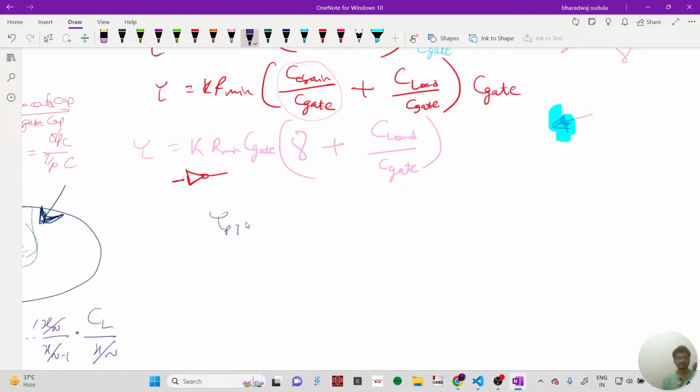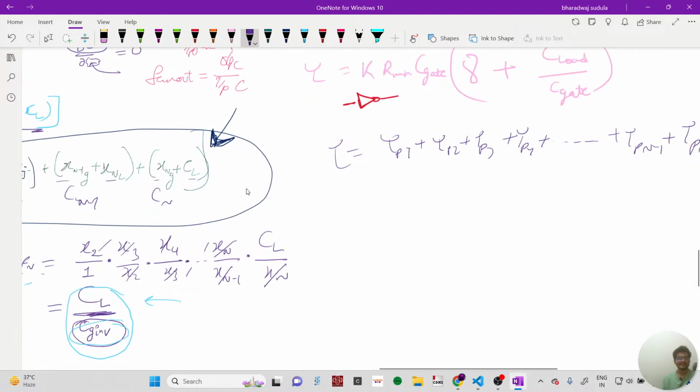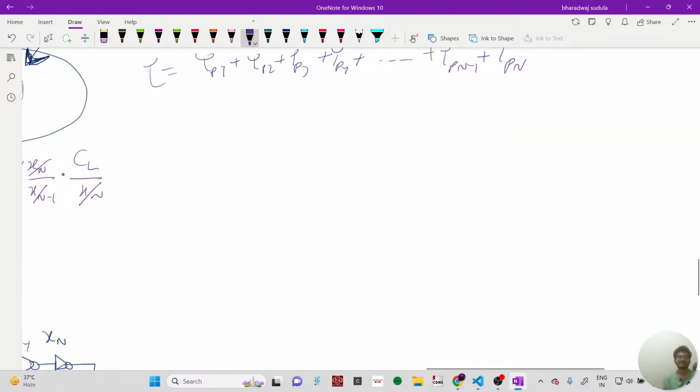So TP1, same story, same thing, TP2, TP3, TP4, so on, up to TPn minus 1, TPn. I'll try to draw this again. Please bear with me. First one, second one, third one, fourth one, so on.